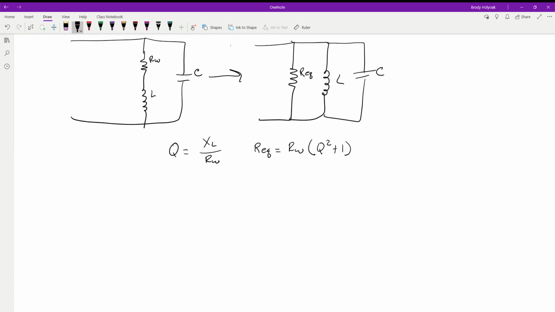All right, so we have our R equivalent, and then we also have the L equivalent. So we have to convert both the inductor and the resistor into their parallel components. And the L equivalent is equal to L times Q squared plus 1 divided by Q squared. So basically what this is going to do is give us a value that's just slightly higher than our inductor.